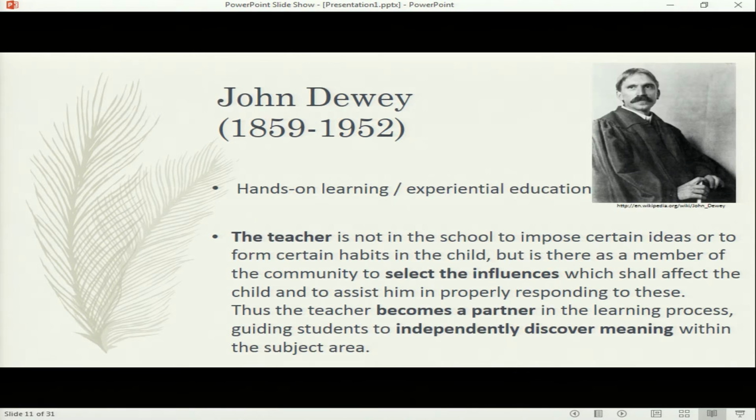John Dewey said that the teacher should become the partner rather than the lecturer or the master of the students. And he fostered independent discovery by students.